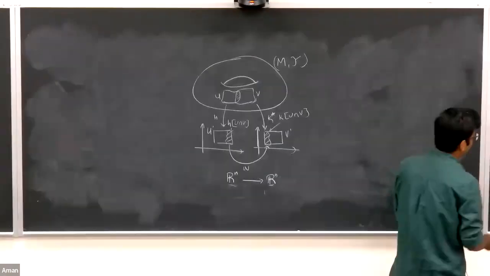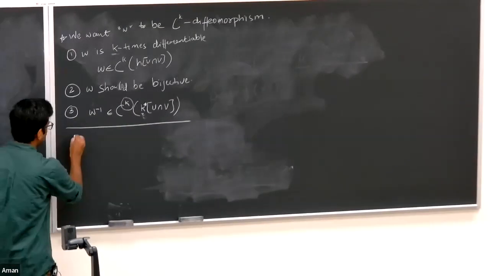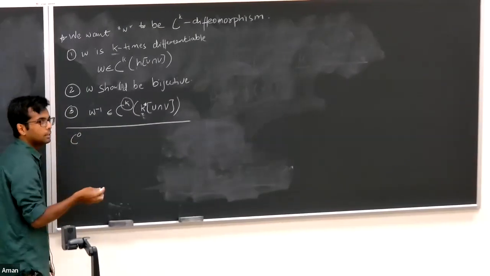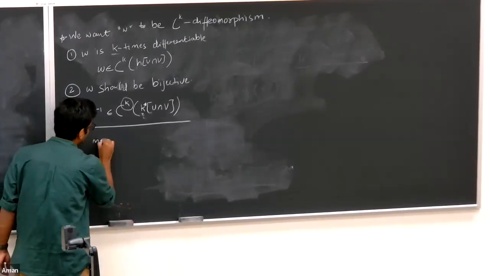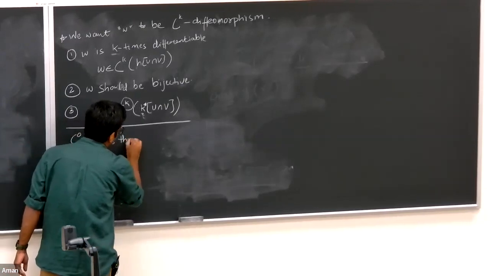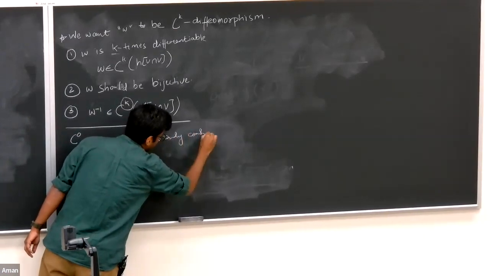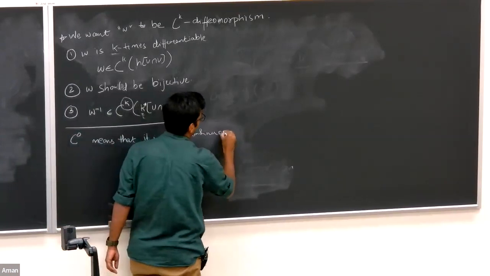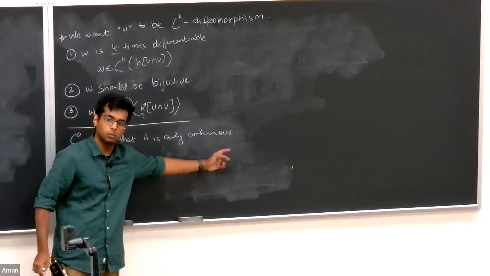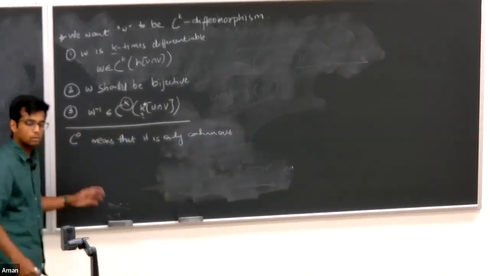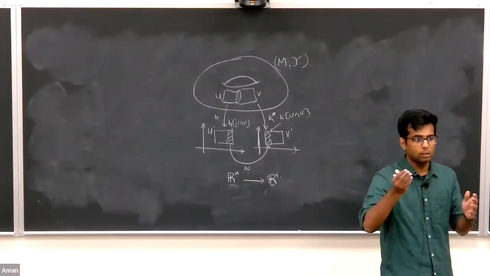Now note, just as an example of this, that C0 means that it's 0 times differentiable, which only means that it's only continuous. C1 means that it's continuous and differentiable 1 time. C infinity means that it's continuous and also differentiable infinite times, which means that all of its partial derivatives and all derivatives of any order exist for that function.